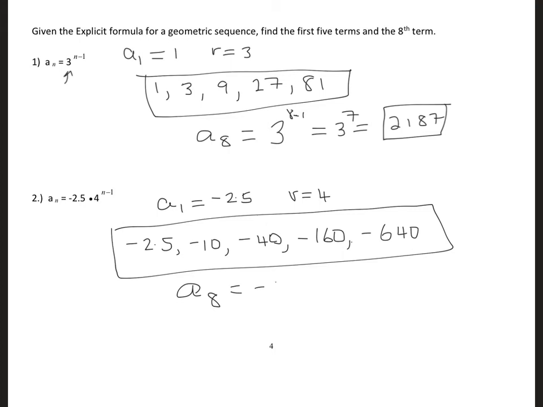So this is going to be -2.5, and then I will be multiplying that by 4, and this is going to be 8 minus 1, which is to power 7. I put that in the calculator, and I should get -40960.